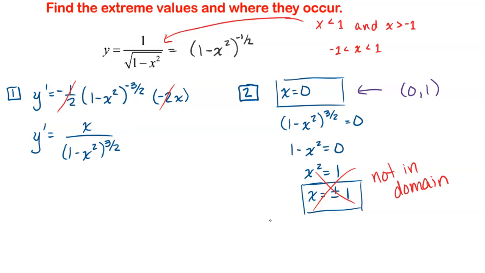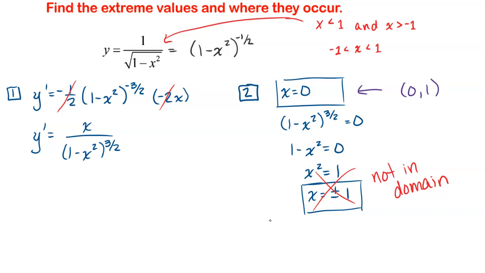But we don't know, is that a high point or a low point? We don't have anything to compare it to in order to figure out if that's a local max or a local min. The other thing to consider is the extreme value theorem is not going to apply here because we don't have endpoints. So we're not guaranteed to have an absolute max or an absolute min. We might or we might not.